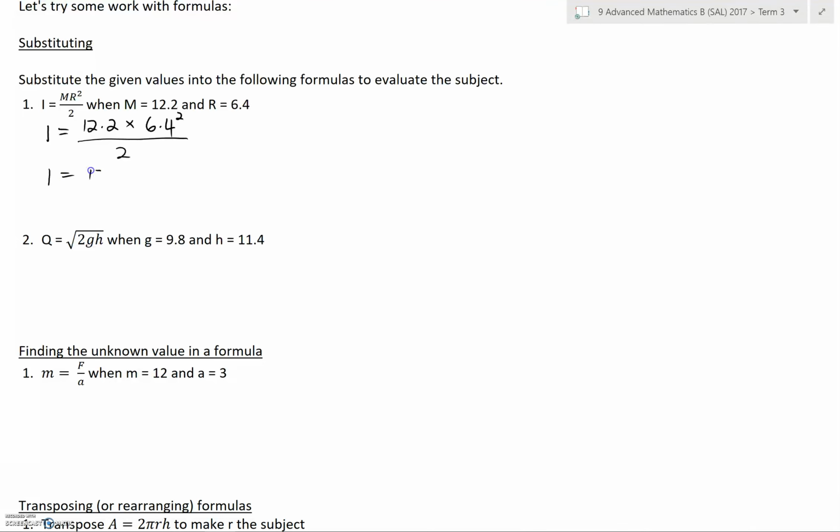So I equals 12.2. Now it's only the 6.4 that's squared here. 40.96 is what that would be. Use your calculator, over 2, which now means we can find an answer for I. I equals 249.856. So in this case, it's literally just a matter of substituting in and simplifying for the answer.